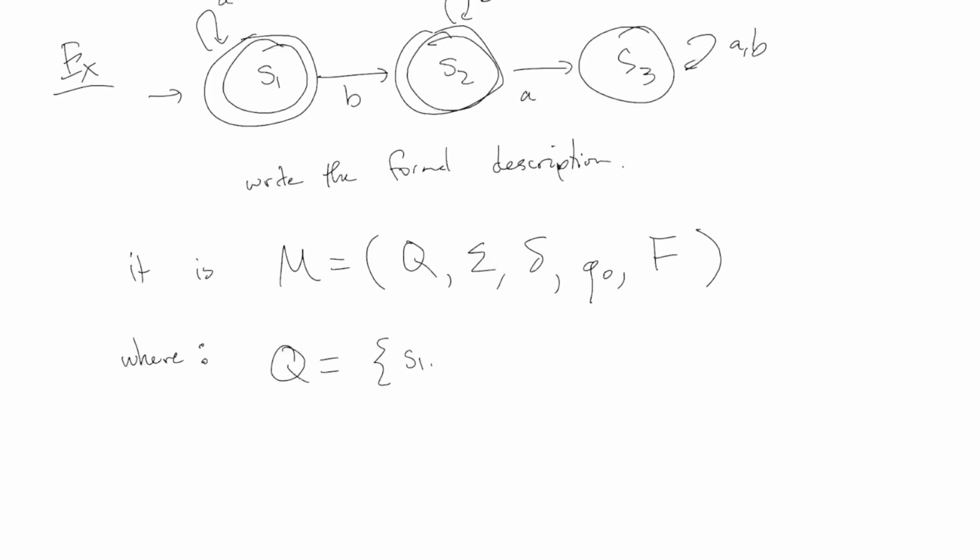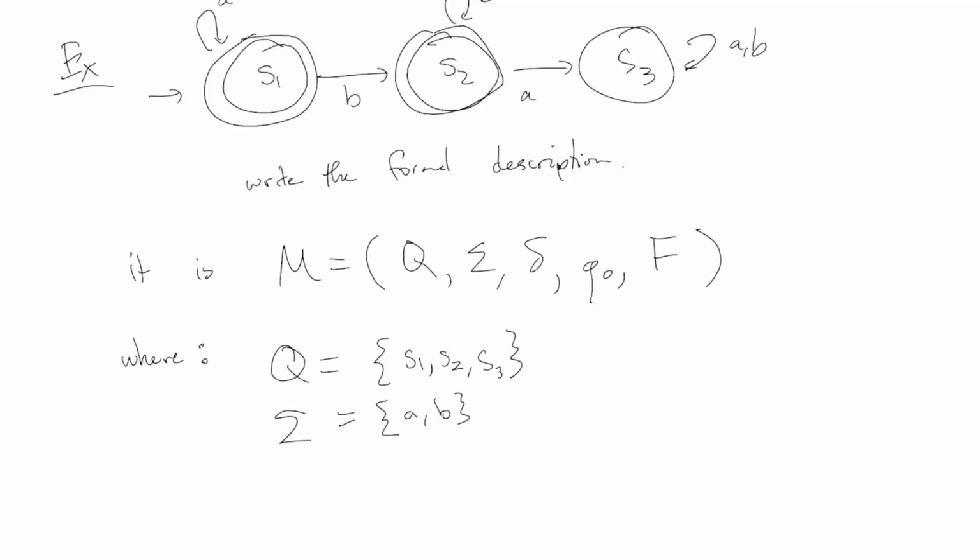And they are S1, S2, S3. All right? So that's what Q is. You should technically be distinguishing between the curly brackets and the round parentheses. These parentheses are a 5-tuple, meaning that the order is important. This is a set, meaning that it should have no repeated elements and the order doesn't matter. Okay, what about sigma? Sigma, you can tell, is the alphabet, which is {a, b} in this example.